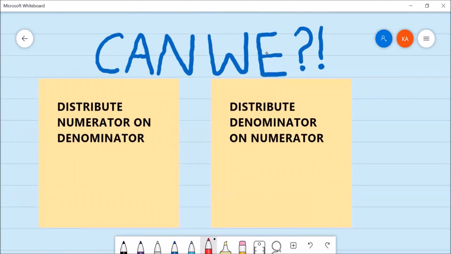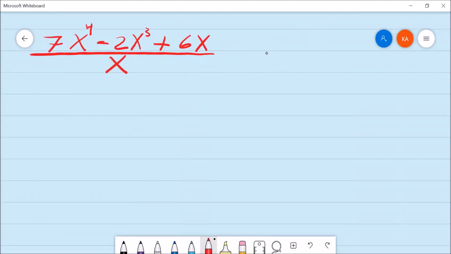I want to ask you first, can we distribute a numerator on a denominator? No, we can't. Can we distribute a denominator on a numerator? Yes, we can. Let's go back to our example.